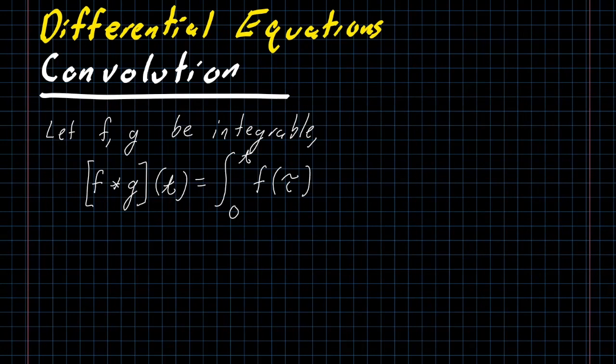I'm going to use tau here just because I need something to fill in, and it kind of looks like t. Then I take my second function g, and I evaluate at t minus tau. And then I'm going to integrate with respect to tau.